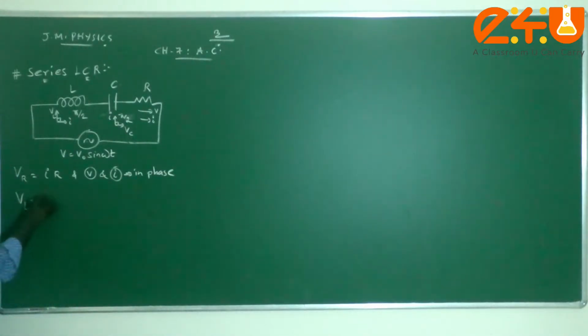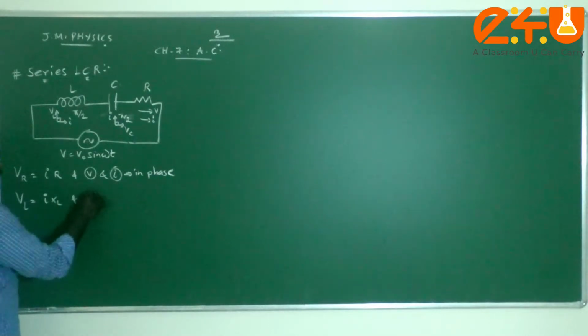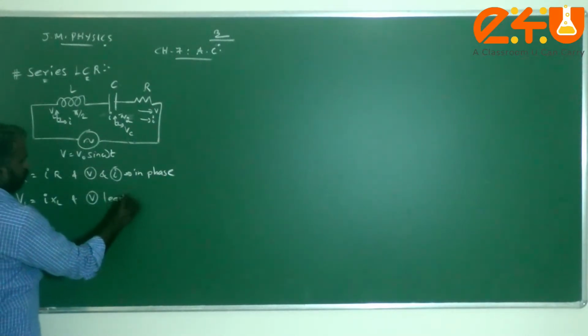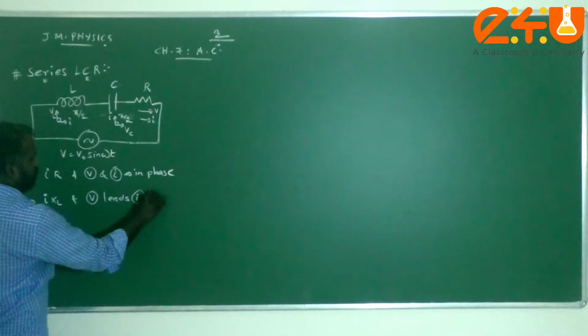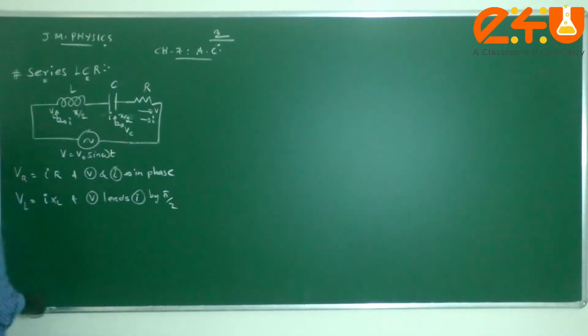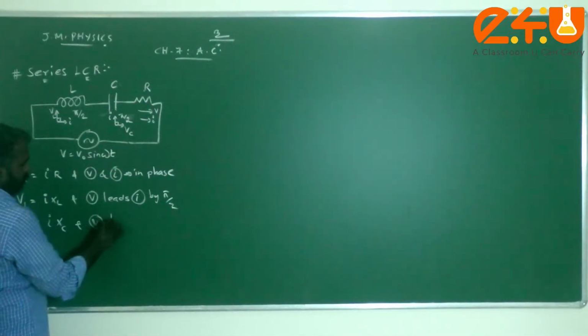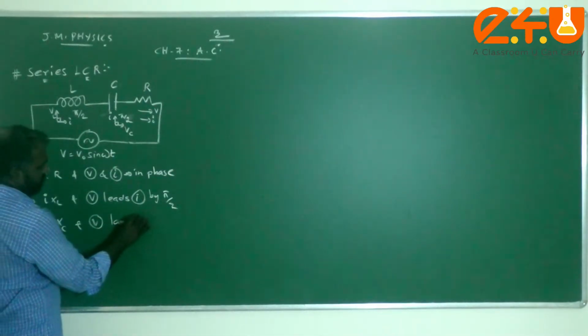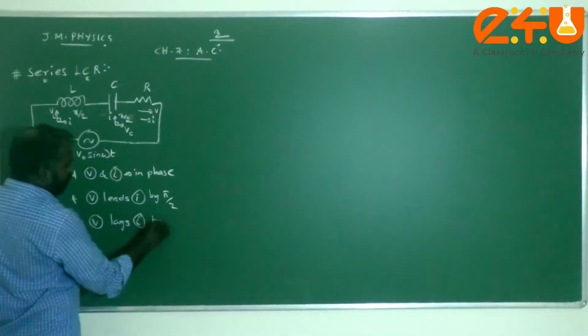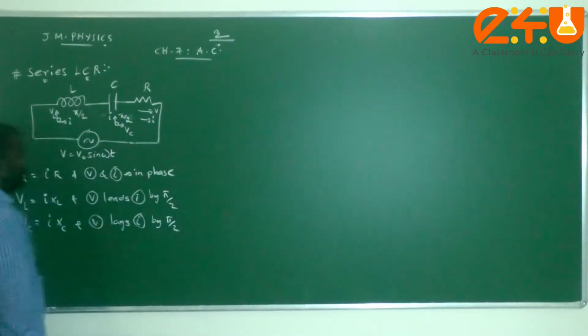Similarly VL equals I into XL, and the voltage leads the current by pi by 2. VC equals I into XC, and the voltage lags the current I by pi by 2. So these are the results we have already discussed.